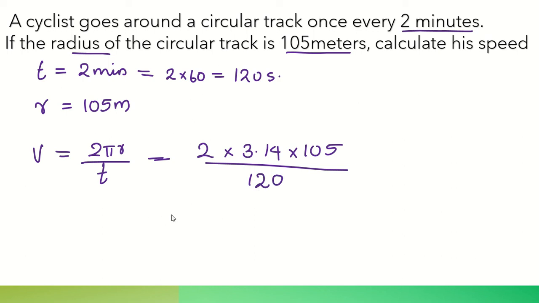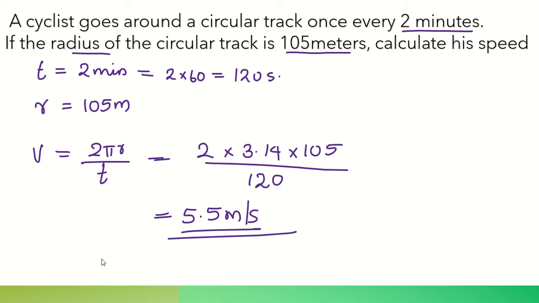Pause the video, do the calculation, and you will get the answer as 5.5 meter per second. So throughout the motion, the cyclist will be moving with 5.5 meter per second and his direction continuously changes. So his motion is uniform circular motion: constant speed, varying velocity, and accelerated motion. Uniform circular motion is accelerated motion.